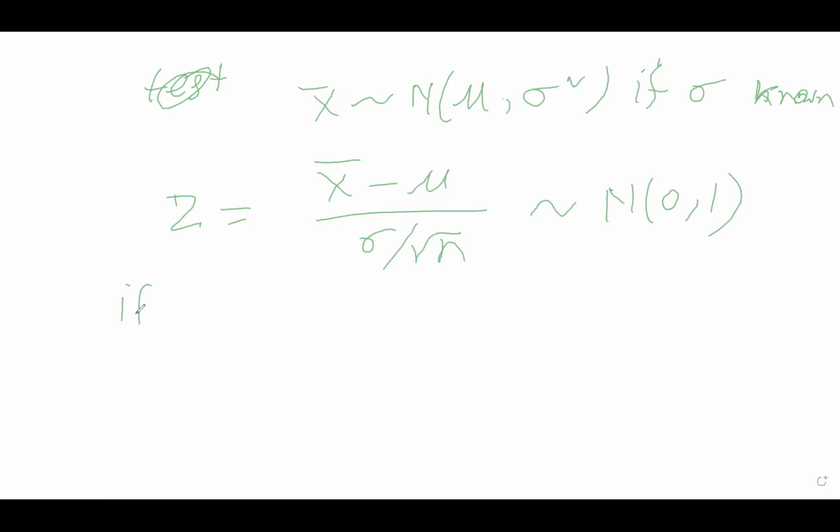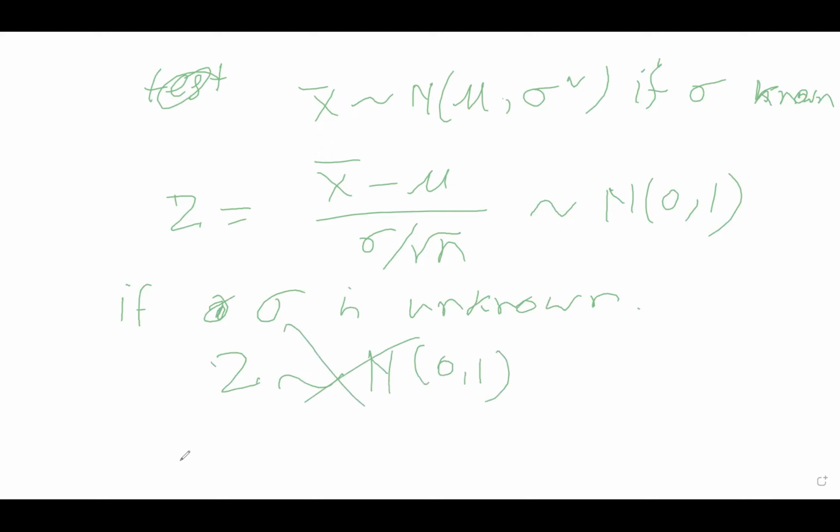But if sigma is unknown, then Z is no more a normal distribution. So this is not a normal distribution.